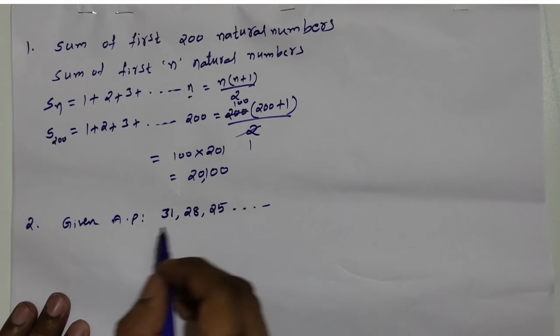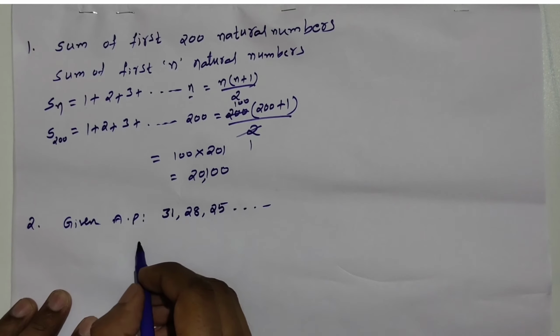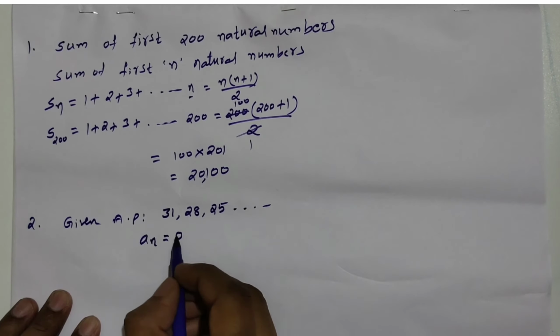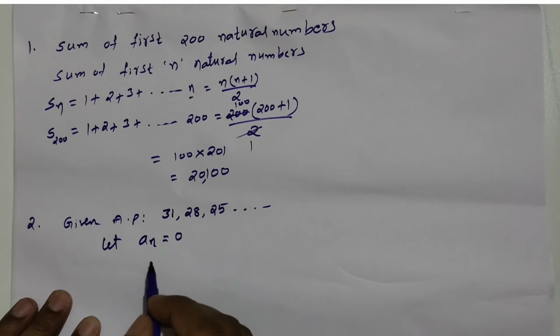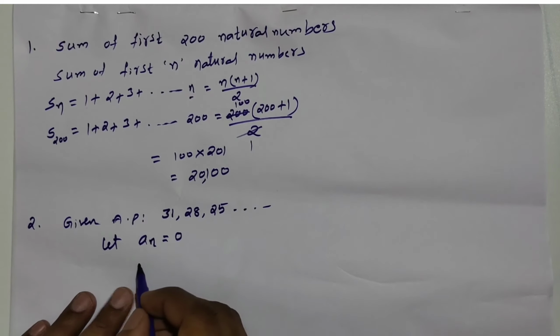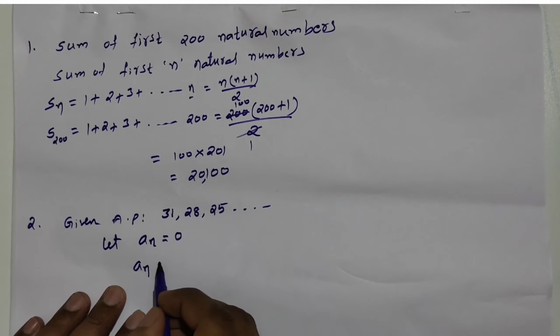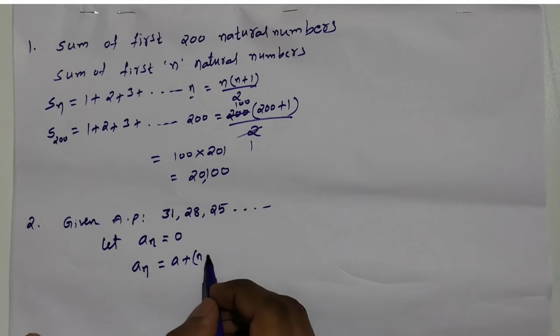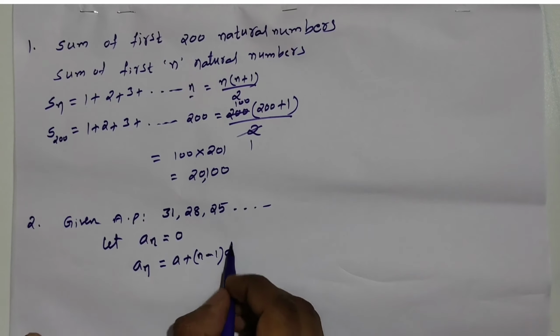We have to take an as 0. That means let us assume an is equal to 0. What is the an formula? An is equal to a plus n minus 1 into d.